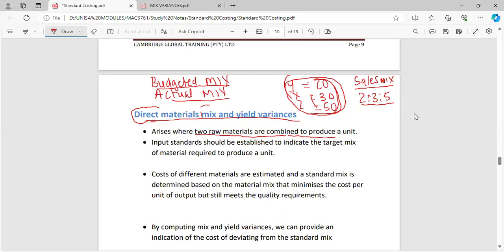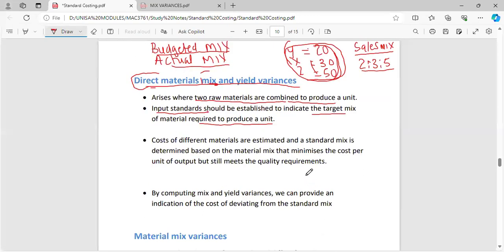We are now using 2 raw materials to make a product. So once we use 2 raw materials, then it means a mix is going to arise there. Right. So the input standards should be established. We always start with our standard. This is our budget, so that we can indicate the target mix of material required to produce a unit.